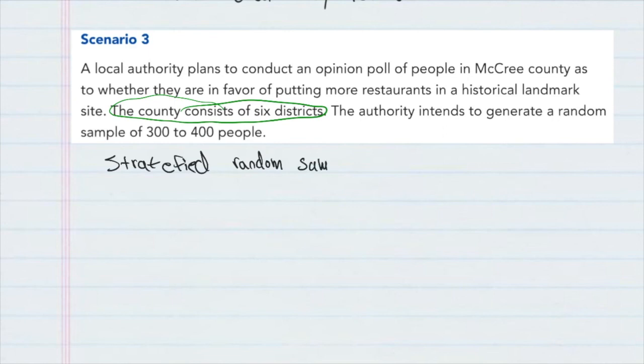And remember that stratified is when you have groups. Okay, so you break it down into, in this case, 6 groups because there are 6 districts. So I chose stratified random sample because they are already separated into groups.